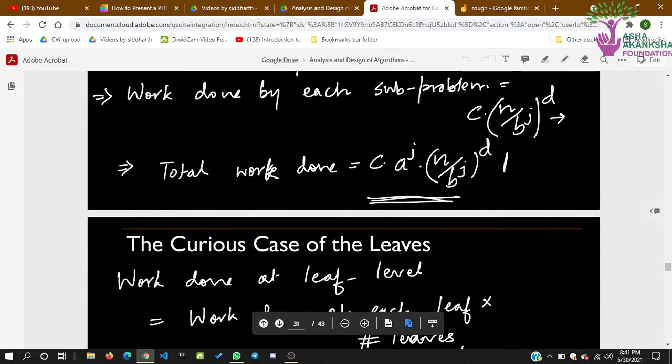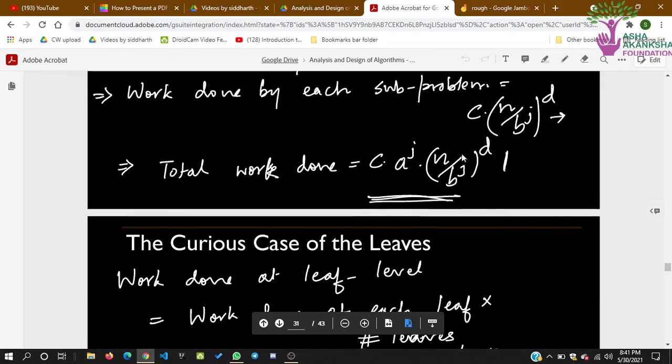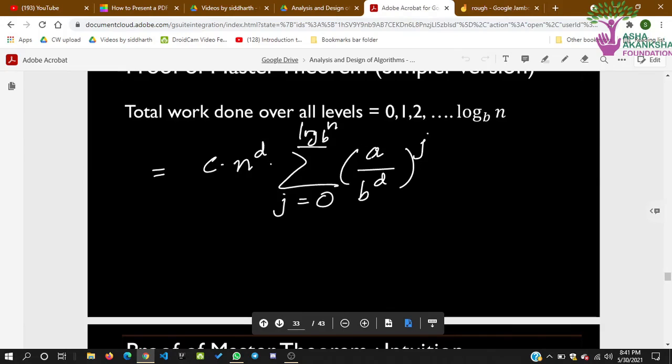Then we take everything related to j inside, so we get (a upon b raised to power d) raised to power j, as we were adding for all the levels. Hence we take the summation from j equal to 0 to log_b n.